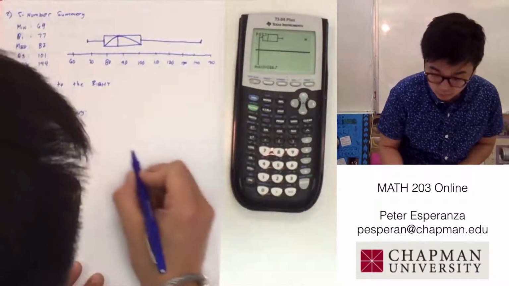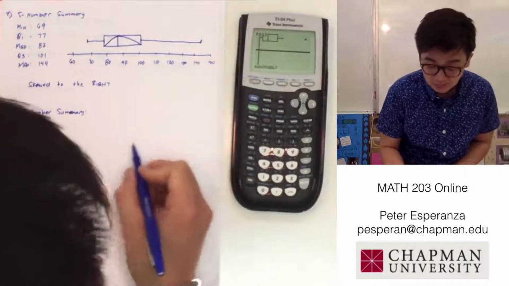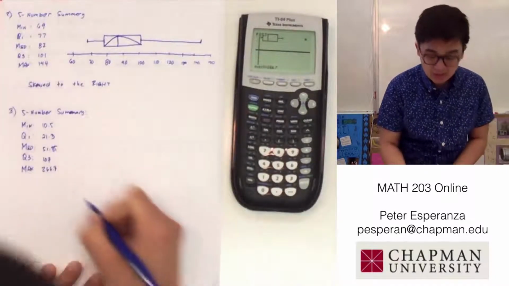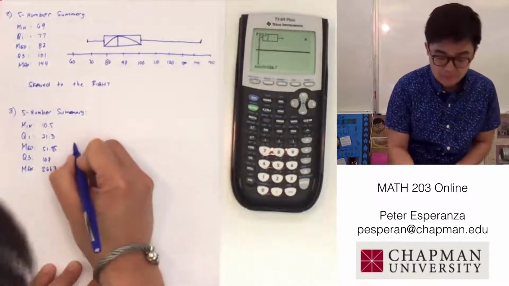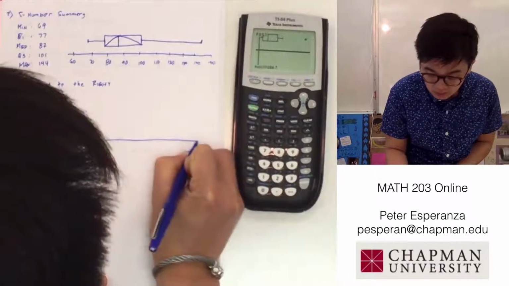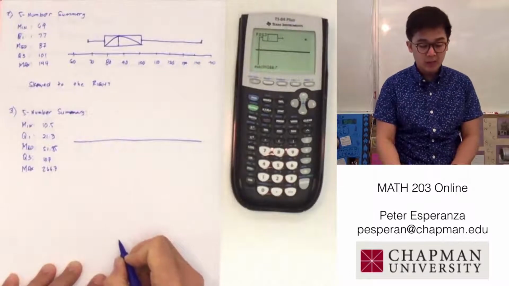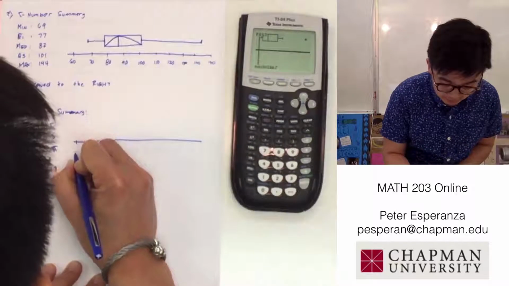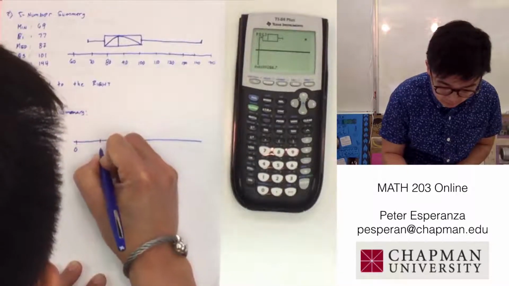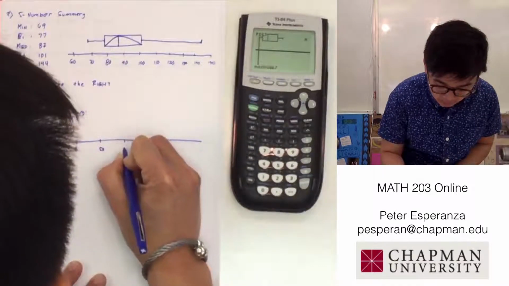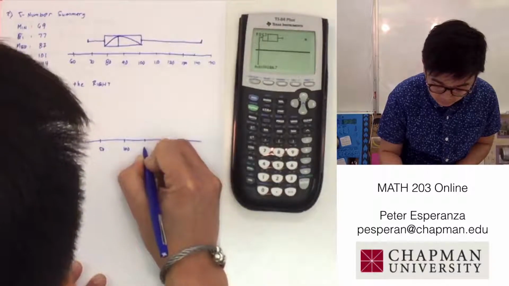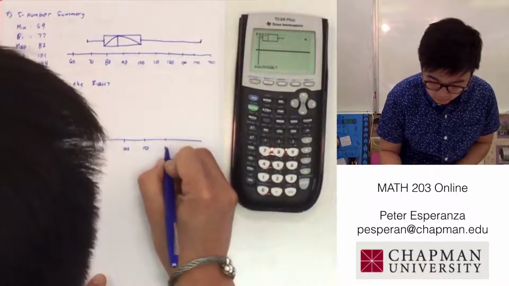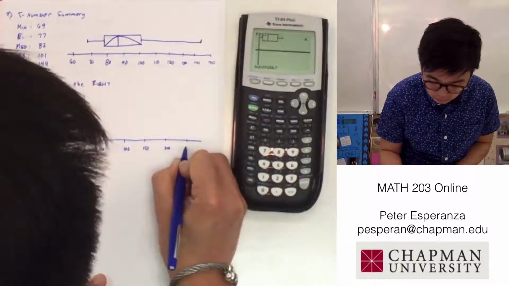So if we're going to construct our box plot, including an outlier, so 10 to 266, I think I'm just going to scale it by 50. So we have 0, 50, 100, 150, 200, 250.